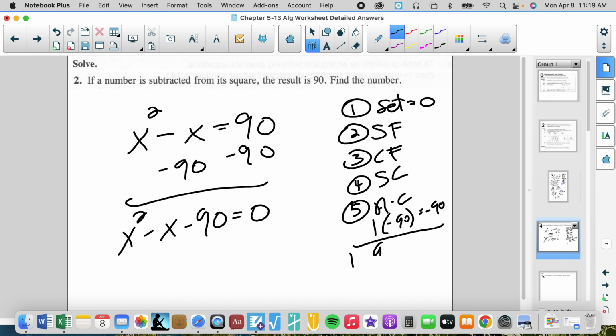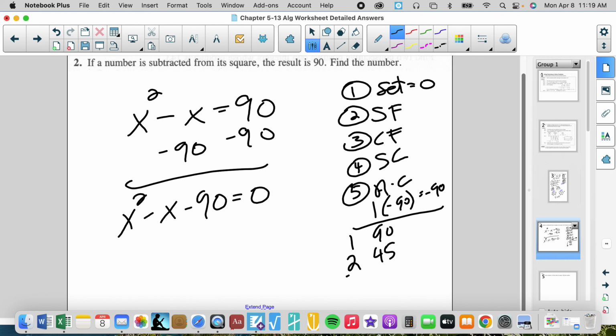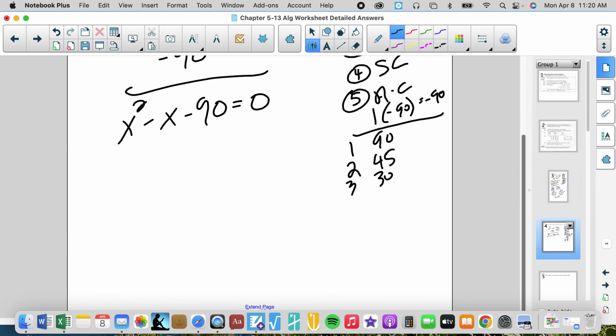Factors of 90 are 1 and 90, 2 and 45, 3 and 30, 5 and 18, 6 and 15, 9 and 10. Signs are different. Bigger is negative.